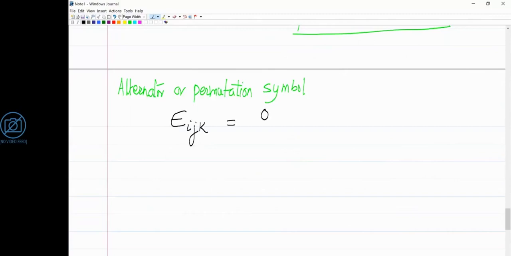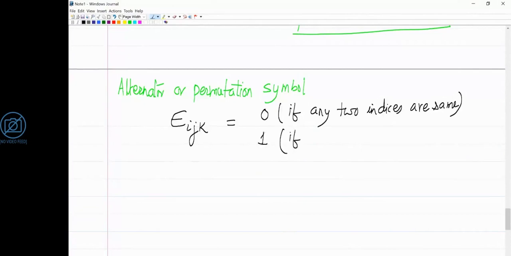Okay, and what is the definition? The definition is this is equal to 0 if any two indices are the same. This is equal to 1 if all three are different and in cyclic order.